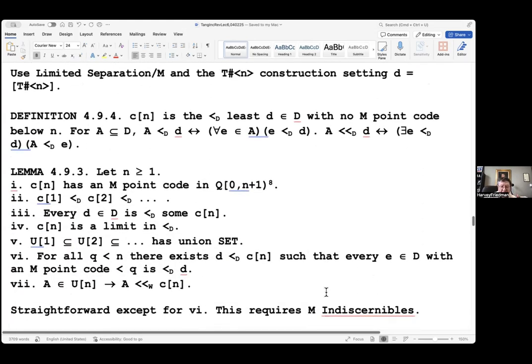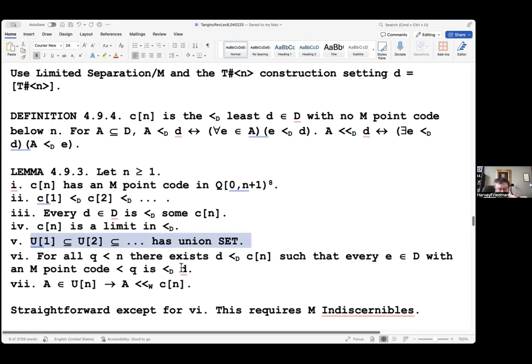Okay, we have the following. C of n has an endpoint code. We were already doing this. We already see each C of n is a limit from the indiscernibility. Yes, here. That's clear, because of the definition of set and the definition of U of n. That's completely obvious.